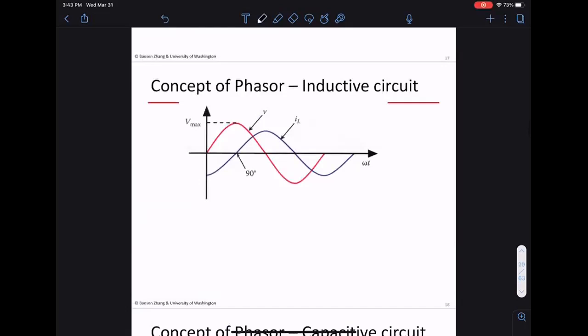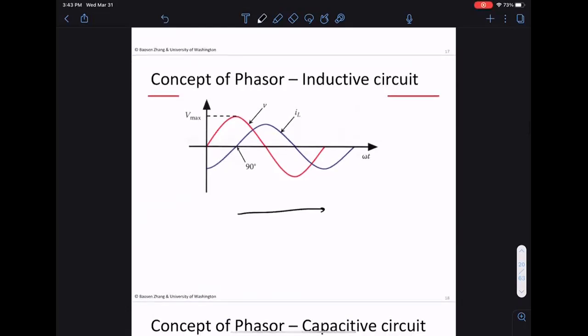Then for an inductive circuit, there is an angle difference in the two vectors. So you can have a voltage. Let's say this is a voltage phasor or the voltage vector, and then the current is 90 degrees out of phase.